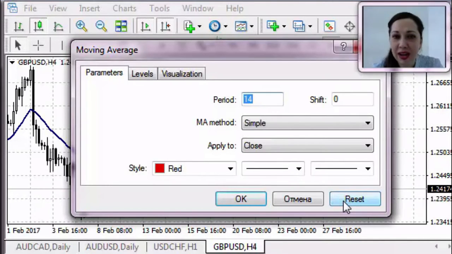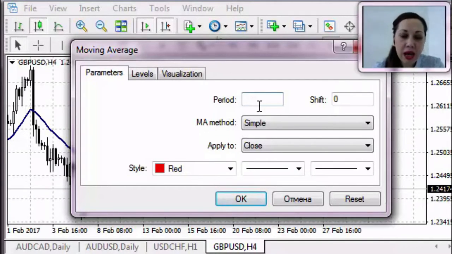Just click reset, and MetaTrader provides you with the classical variant of settings. You can always use them. They have been tested and proved to work with great effectiveness, so don't worry about that.